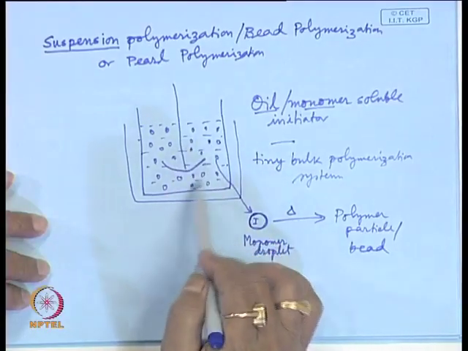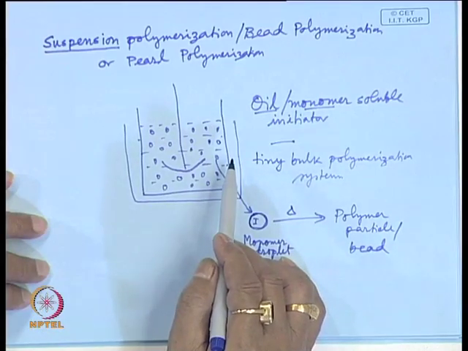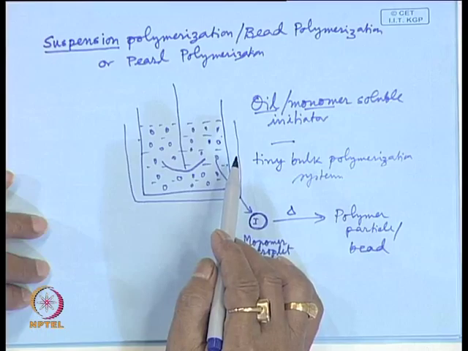Now, one question comes: how can we keep these monomer droplets suspended? For that we need a suspension stabilizer. If you stop the agitation, or if the agitation is not adequate, it will not form smaller droplets.